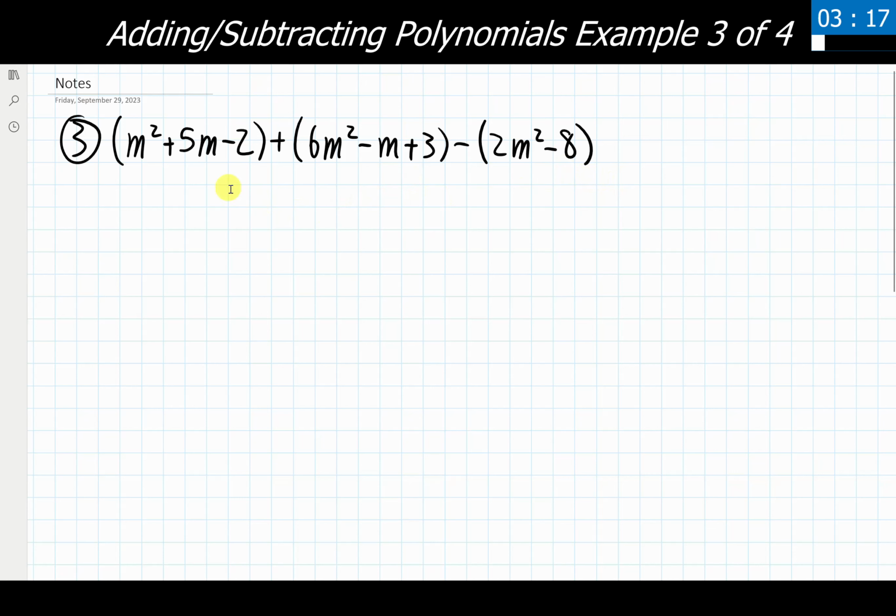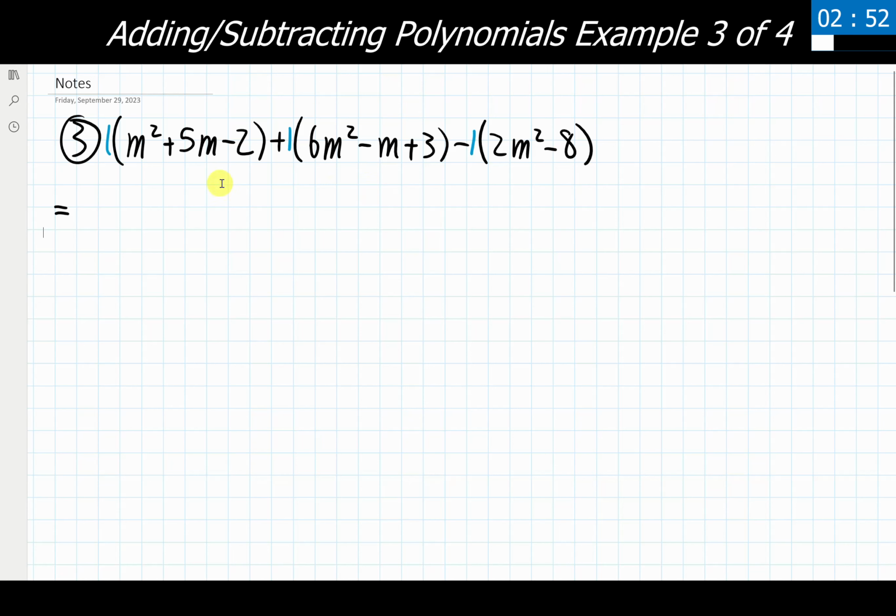So I'm looking at my three terms here, and I'm noticing, hey, I have parentheses still. I need to deal with those before I can actually add or subtract these things together. So if you need to, remember we have invisible ones in front of each of these sets of parentheses. And we would distribute those ones through to everything inside of those sets of parentheses as well.